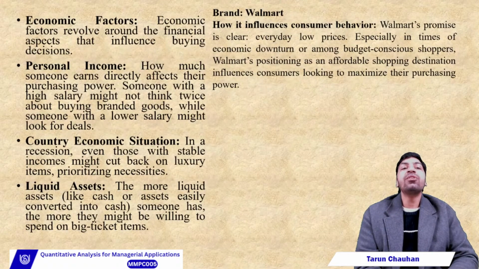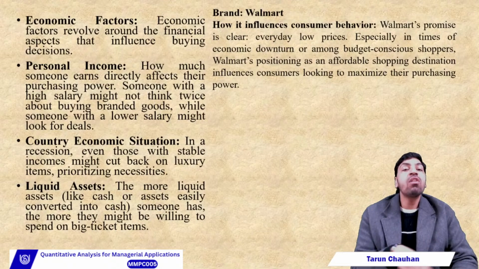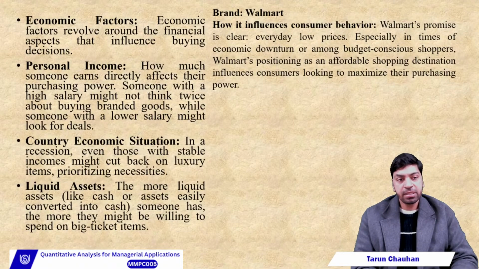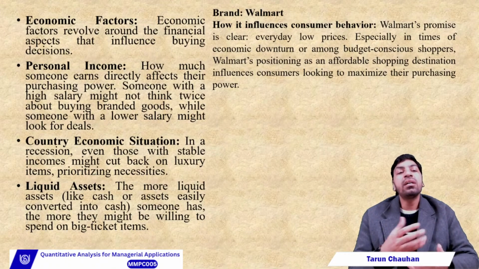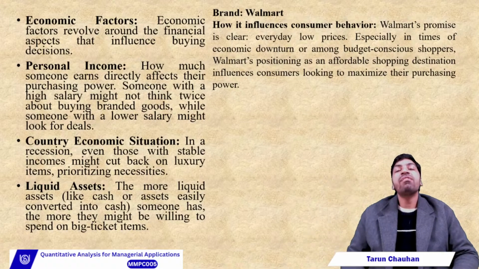Next one is economic factors. Economic factors revolve around the financial aspects that influence buying behavior or decisions: personal income, country economic situation, and liquid assets. Personal income is how much someone earns, and it directly affects their purchasing power.